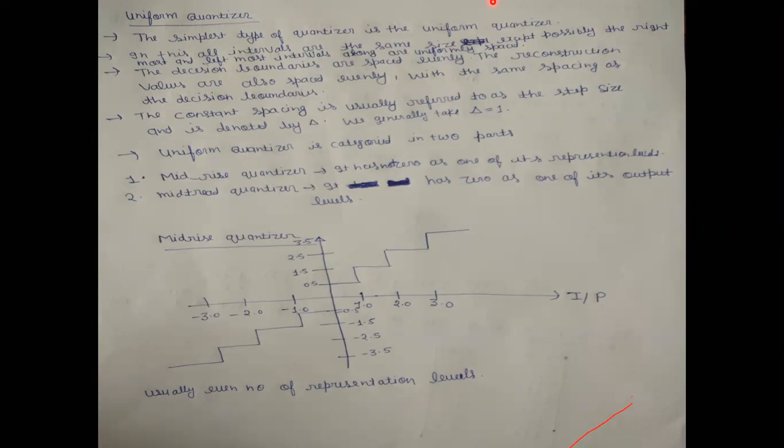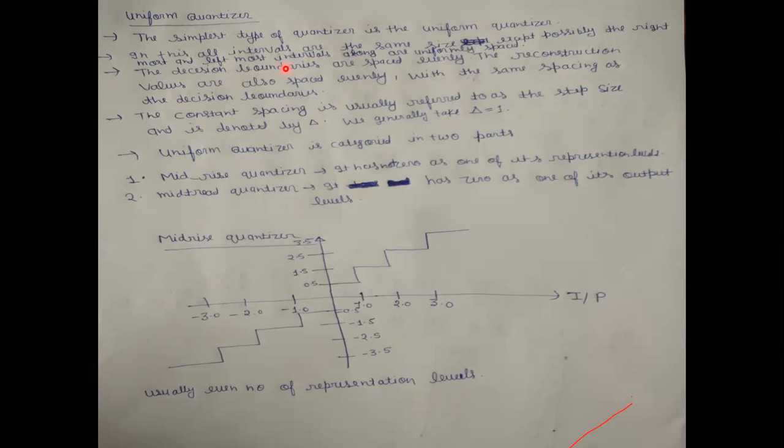Now the next topic is the uniform quantizer. The simplest type of quantizer is the uniform quantizer. As the name suggests, uniform. It means that all intervals in this quantizer are the same size, except possibly the rightmost and leftmost intervals along the x-axis.